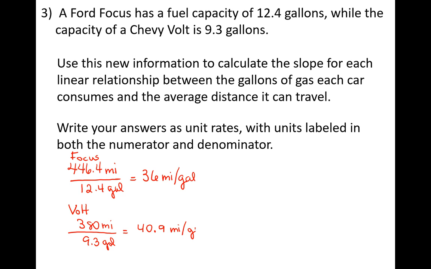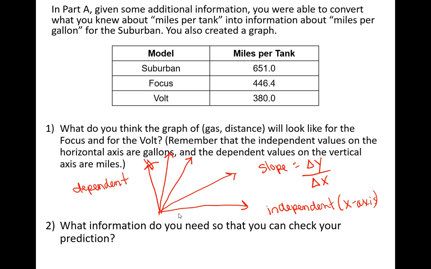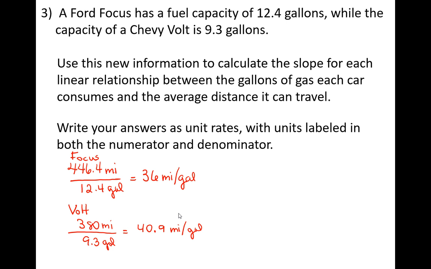I did round that just a little bit. It's 40.86, so 40.9. So we can see we actually get the best mileage with the Volt. Oh, let's see, make sure I typed everything in. Was it 380? It was exactly 380 divided by 9.3. Okay.